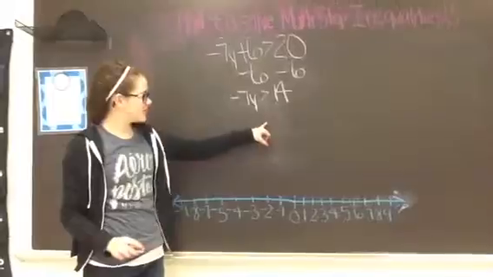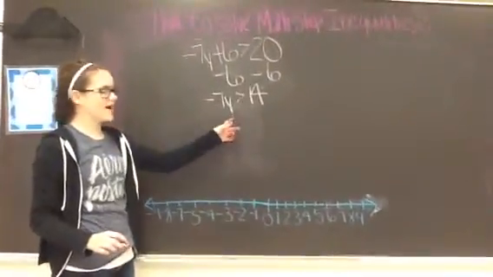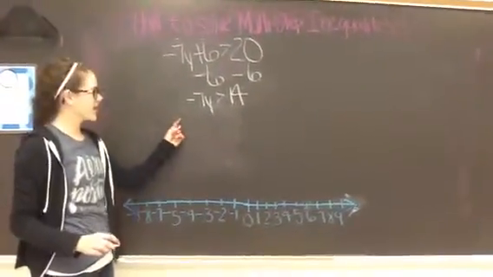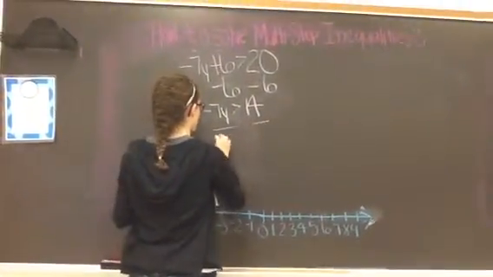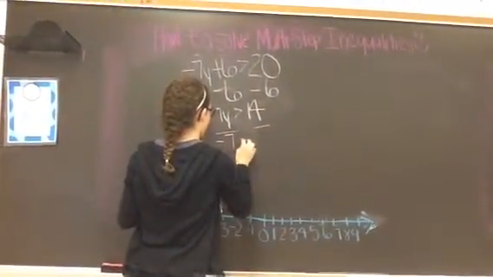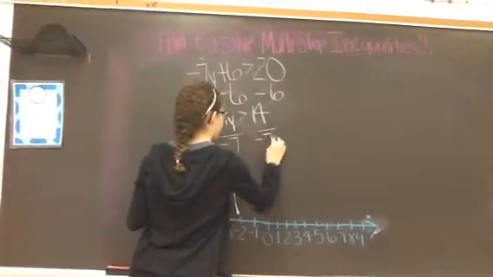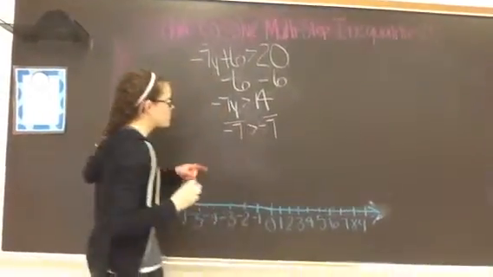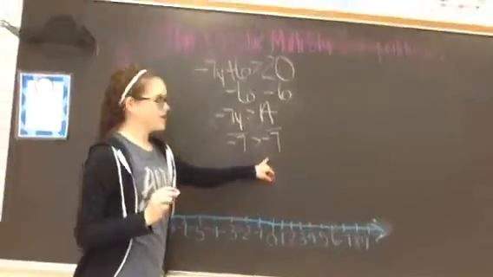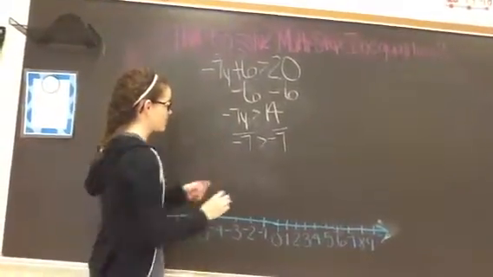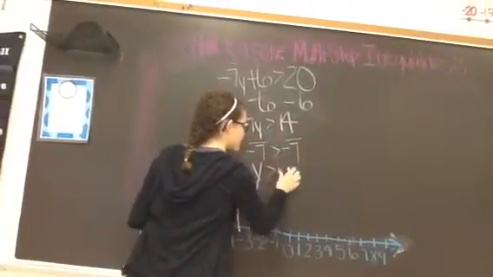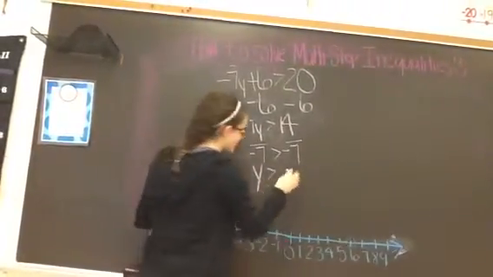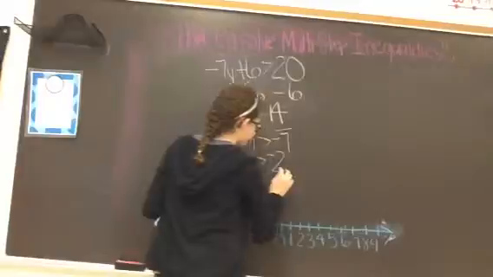So now what we're going to have to do is separate the 7 from the y, and we're going to have to use division again because it is attached by multiplication. So what you would be left with, if you kept it this way, would be y is greater than negative 2.